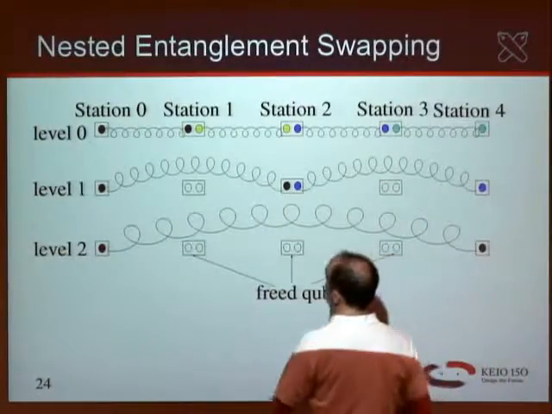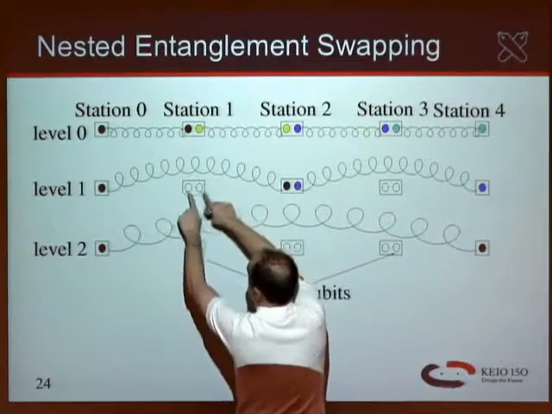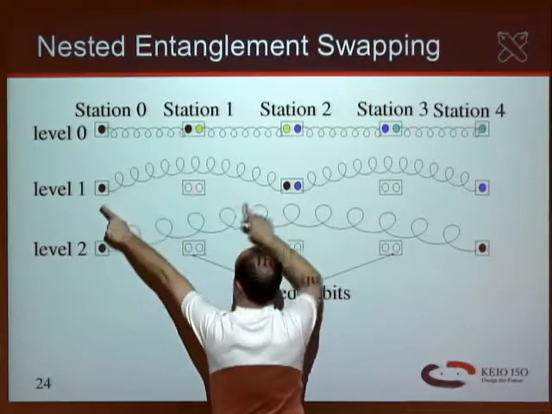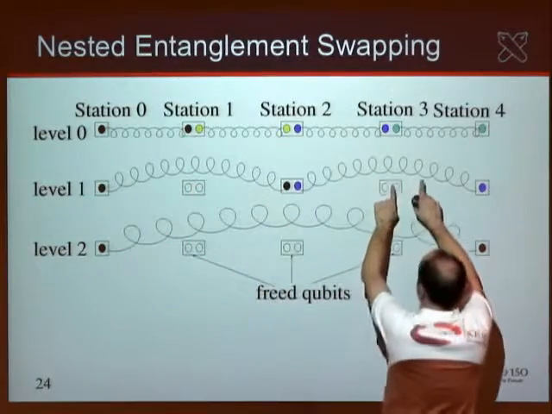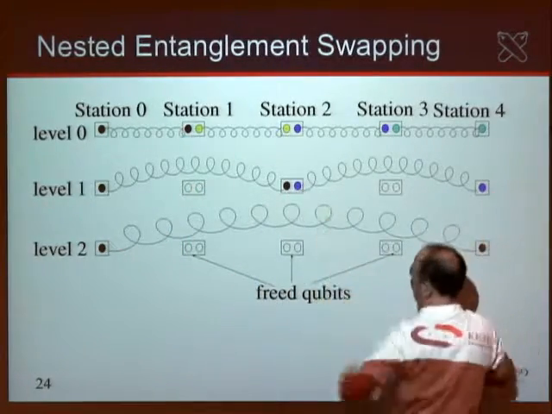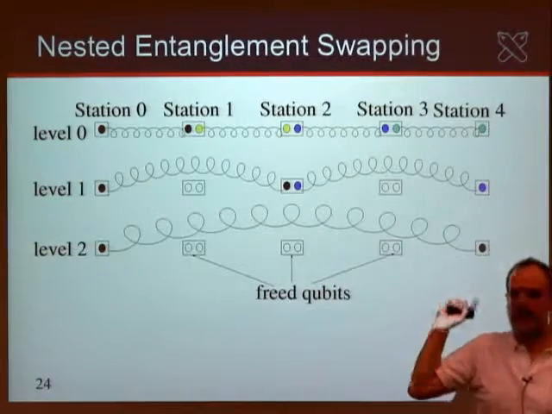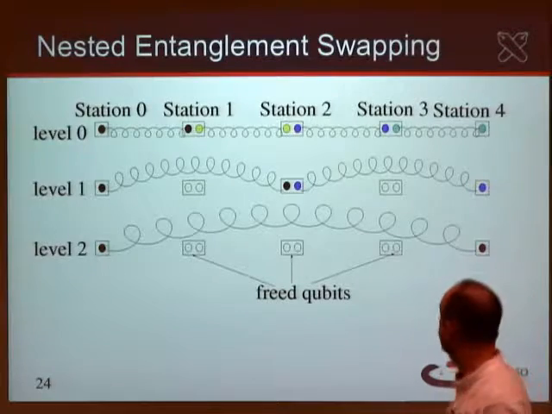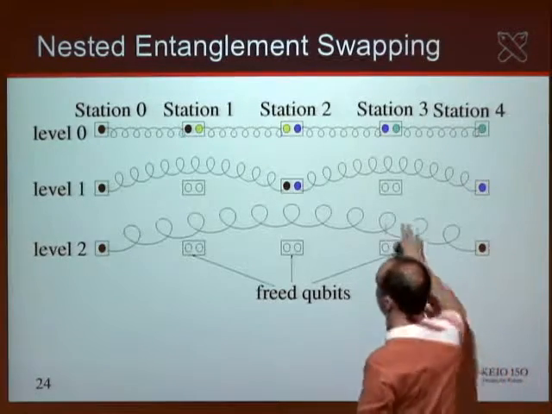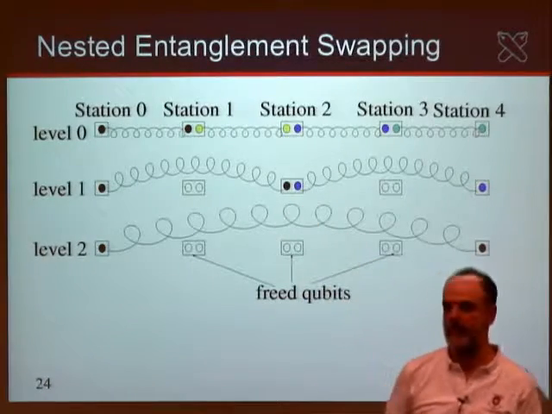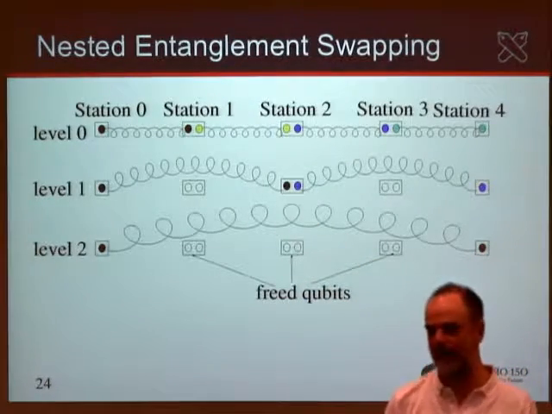But what you do in this nested approach, if you've got 4 hops, you do entanglement swapping at station 1, which connects to 0 and 2, and at station 3, which connects 2 and 4, and then you repeat. You wind up freeing those qubits in the middle, and you end up with the longer end-to-end distance. Much of the original analysis was done assuming a power of 2 number of hops. This approach obviously works better when you've got 4, 8, 16, 1024 hops.